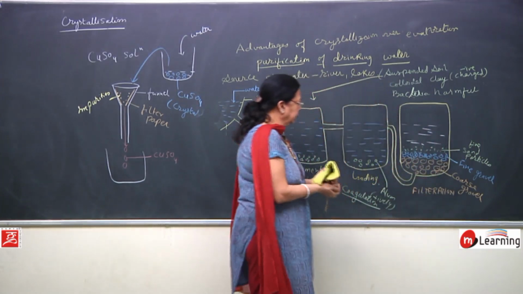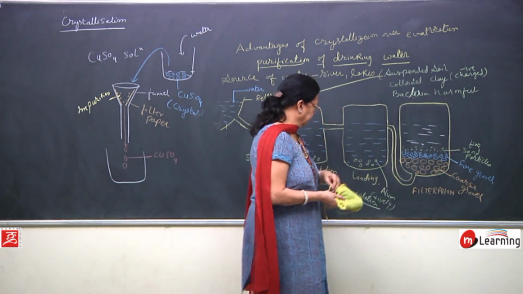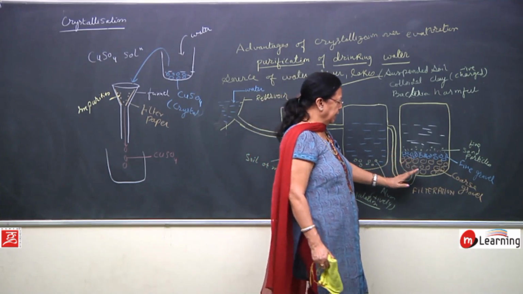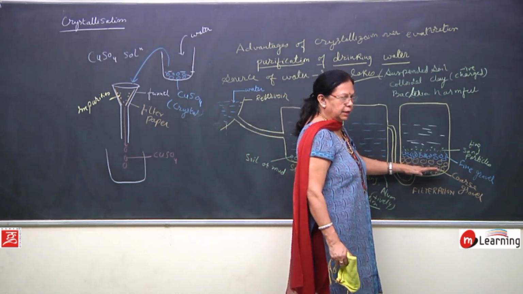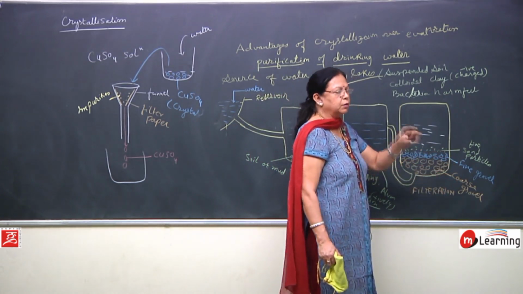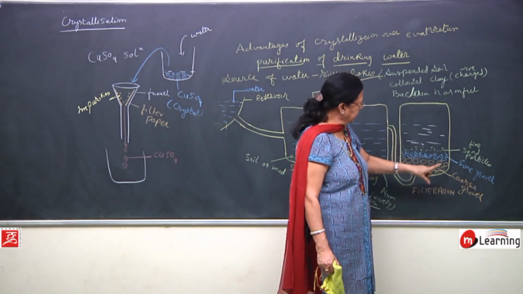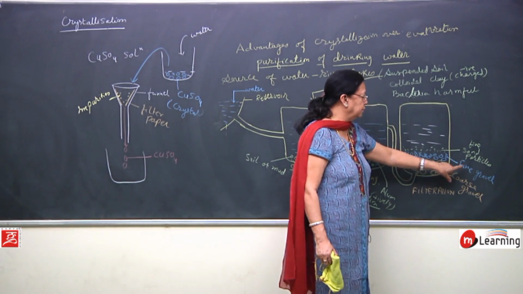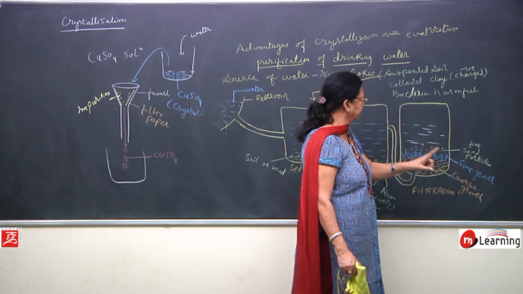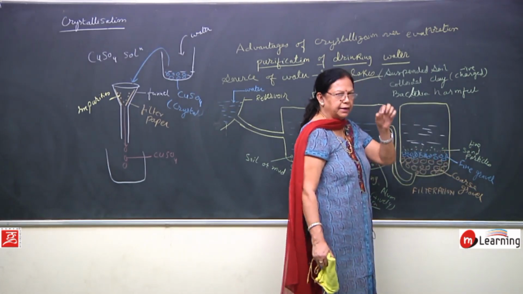Right. So, in this filtration tank, the water which comes from the loading tank has to pass through 3 layers. The bottommost layer is coarse gravel, meaning bigger particles of stone, the middle part is fine gravel, smaller particles of sand, and at the top there is very fine sand.